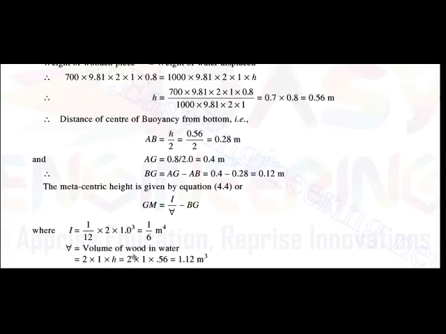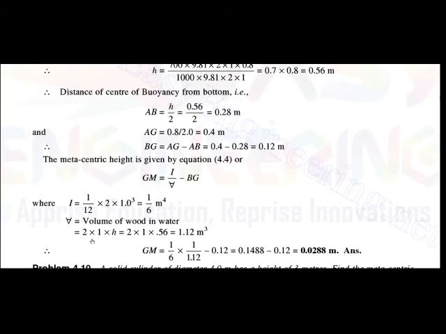Then we calculate the volume of the wood in the water, equal to 2 into 1 into 0.26, where 0.26 is the height of the body submerged in the water. So we get the volume of the wood in water as 1.12 meter cube.